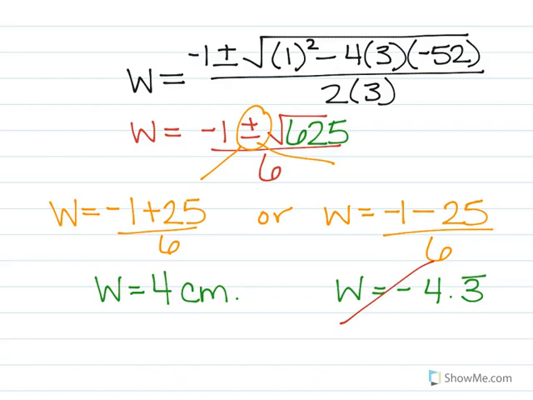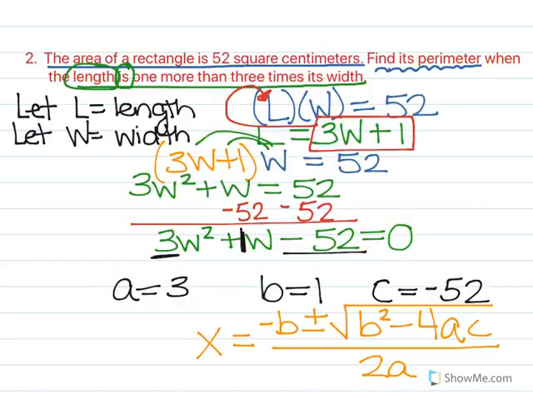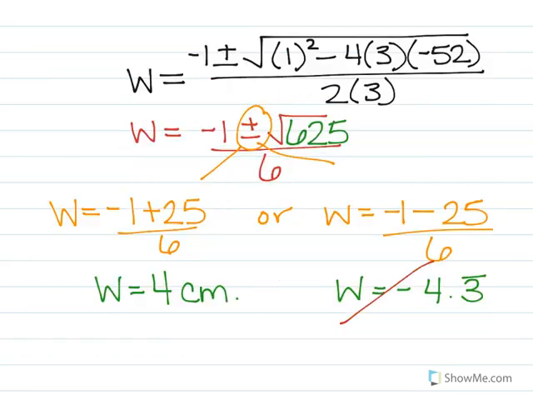And if we go back to what the question asked, it says find its perimeter. Okay, so in order to find the perimeter, we need to find the length and width first. Right now, we know that the width is 4 centimeters.